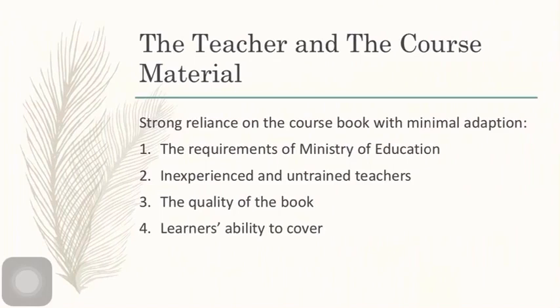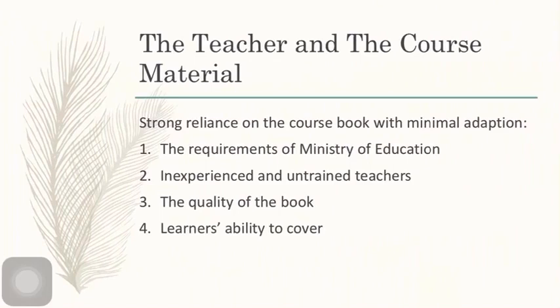And then the third, the quality of the book. The teacher may use a certain coursebook because the quality of the coursebook is high, and then the teacher only uses that book. And then the last one is learners' ability to cover.